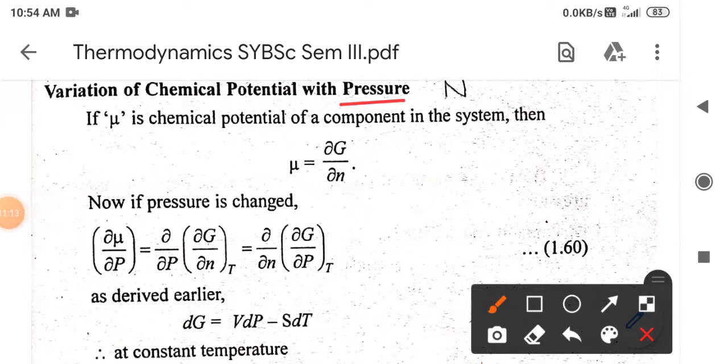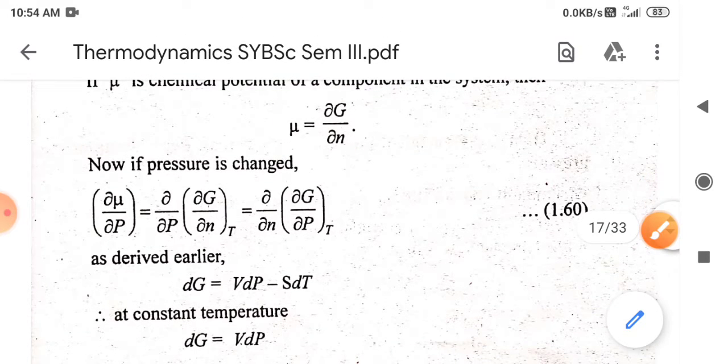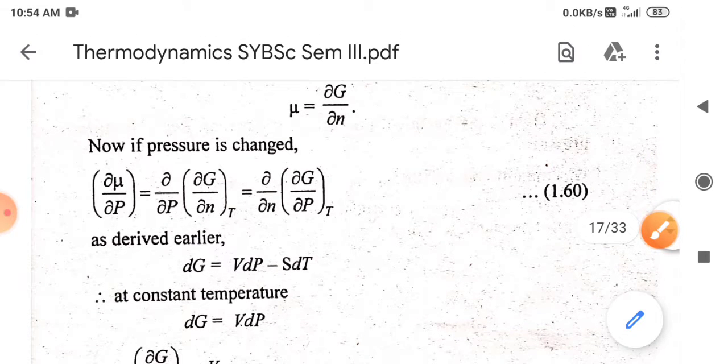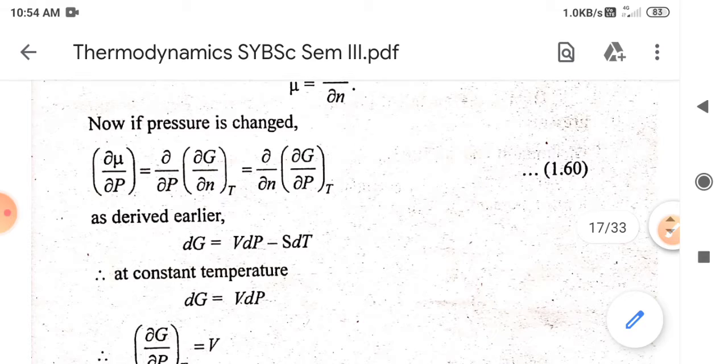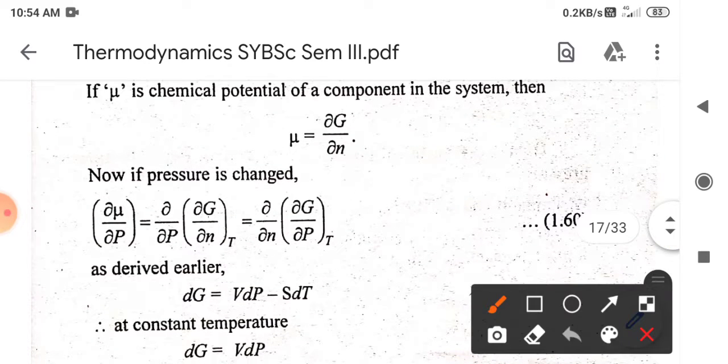Now the chemical potential change for the given component is given by this formula, that is mu equals simply dG upon dn. So we are not considering any specific number of components, we are just considering the general formula. Now if we change the pressure for this system, what will be the equation?